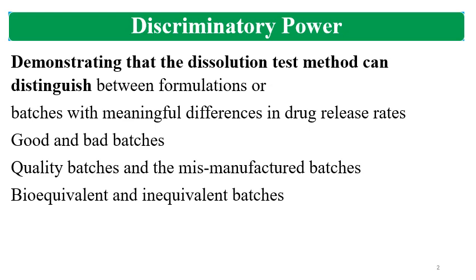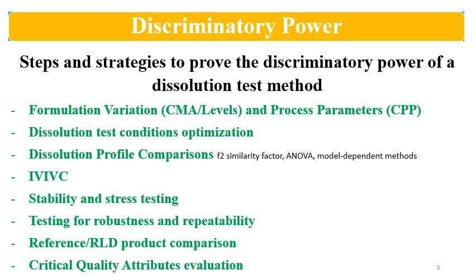That property or that power of the method is called discriminatory power or discriminatory ability. So some steps are there to prove the discriminatory power. First is formulation variation. You can work on the critical material attributes or excipient levels and the process parameters.